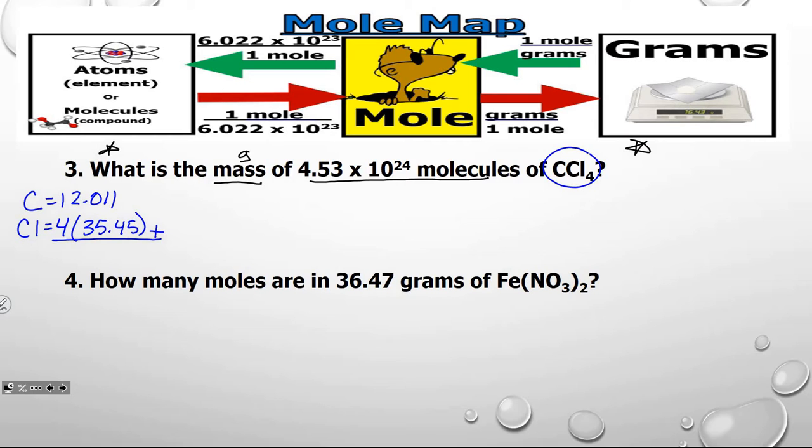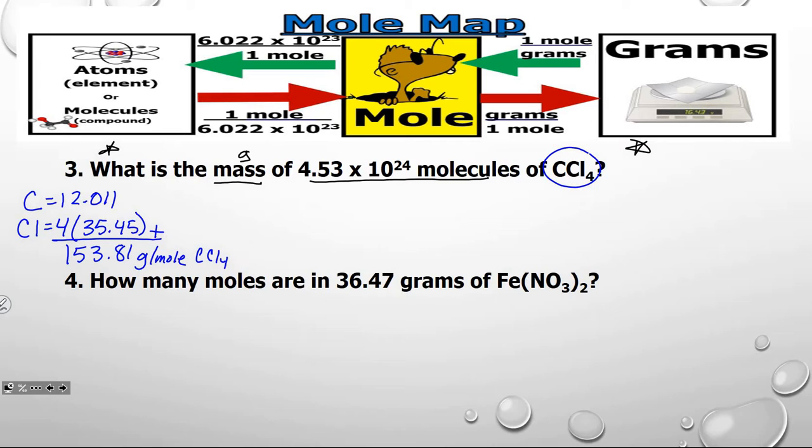Nope, try that again. Plus another 70, so 150, 153.81 grams per mole. I do put the E on because I'm just being me. That's grams per mole of CCl4.